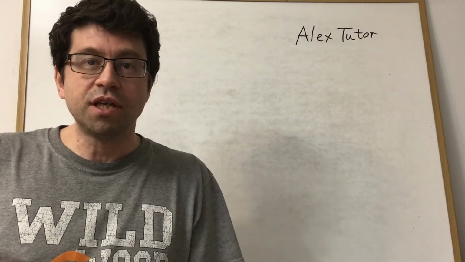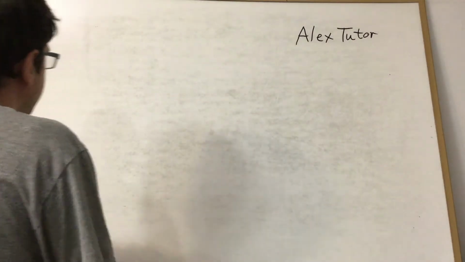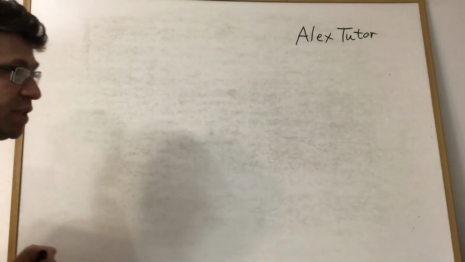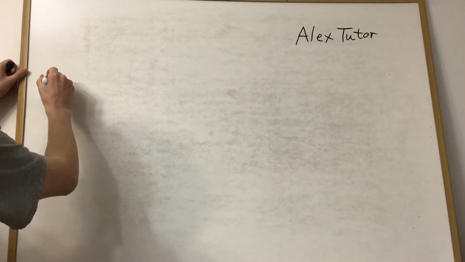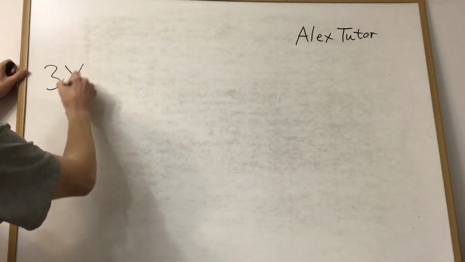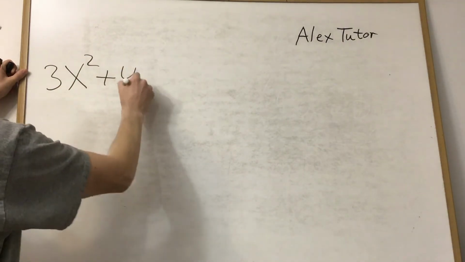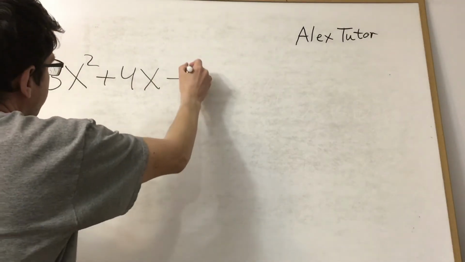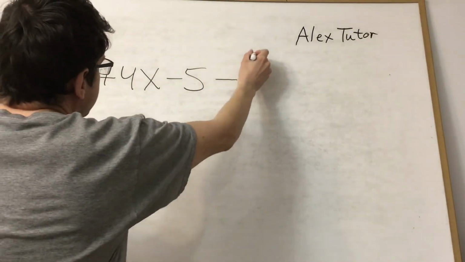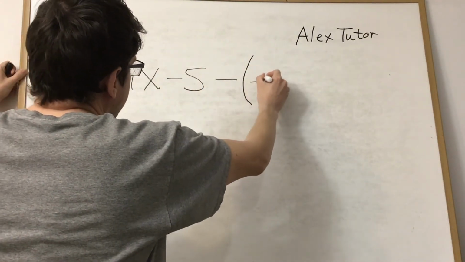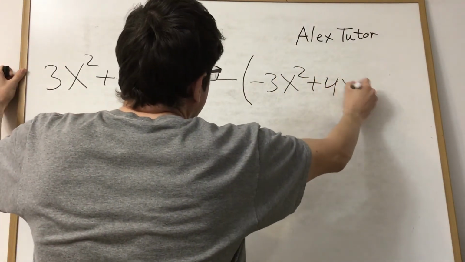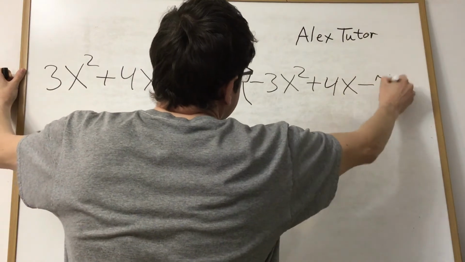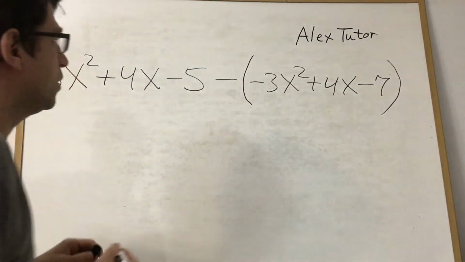So now let me give you another example, a little bit more complicated. So let's suppose I need to subtract one trinomial from another trinomial. So here comes the first trinomial, 3x squared plus 4x minus 5, and I will subtract this trinomial, negative 3x squared plus 4x minus 7. Here we go.